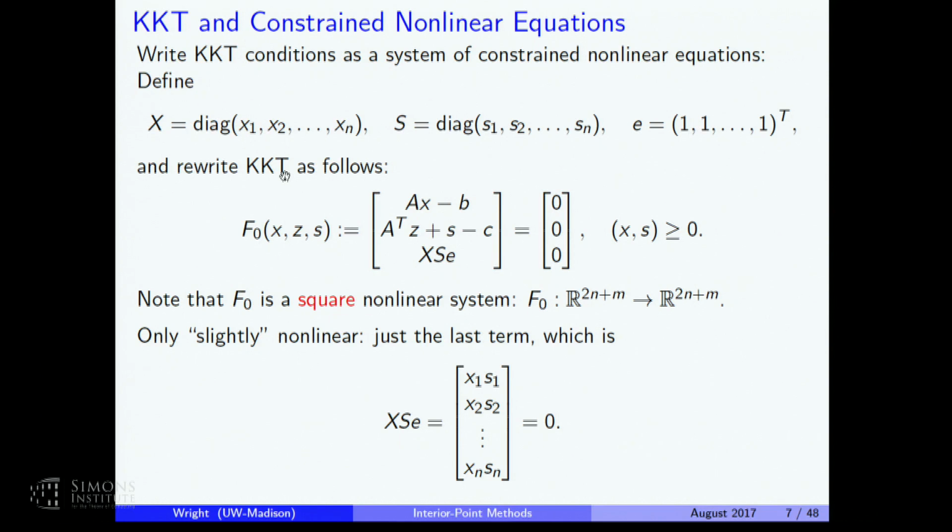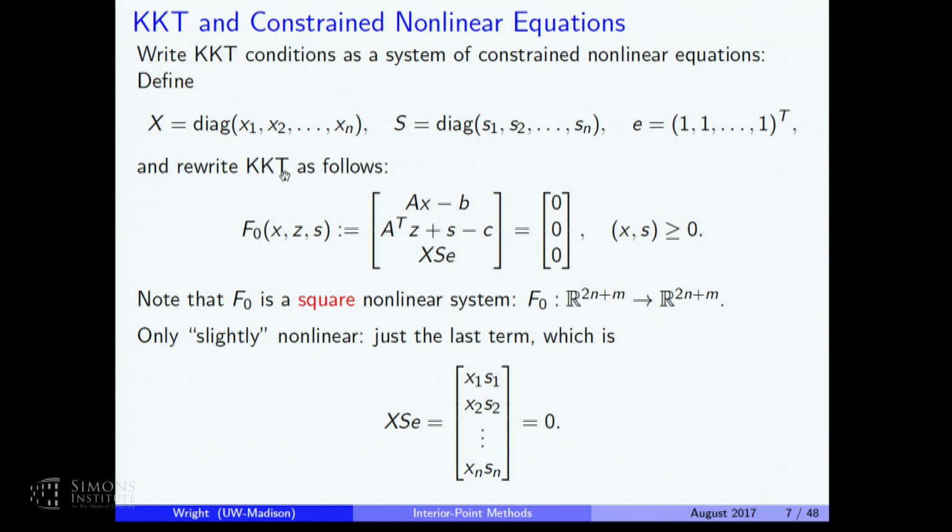So using that notation, I can rewrite the KKT conditions like this, where here's the primal feasibility, here's dual feasibility, here are the non-negativity constraints, and then the last condition here is complementarity. So if I multiply X times S times e, I simply get this vector here, where the ith entry is just xi times si. Okay, and I want that to be 0 as well.